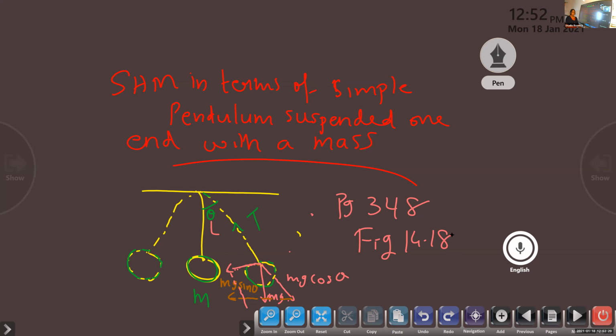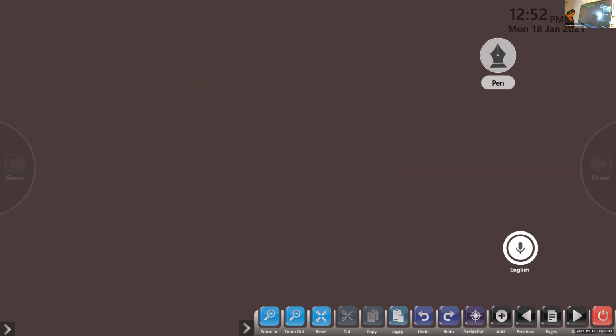Okay, shall we continue? Explanation of this: you are considering a simple pendulum in an ideal situation. Page number 348, figure 14.18.